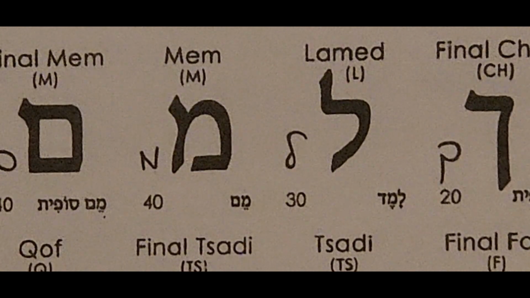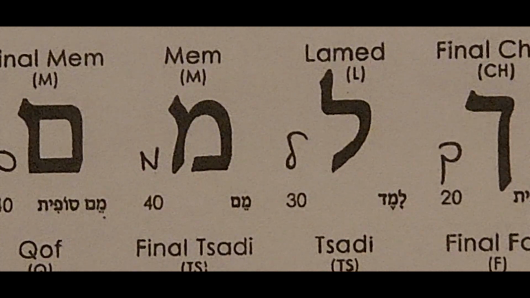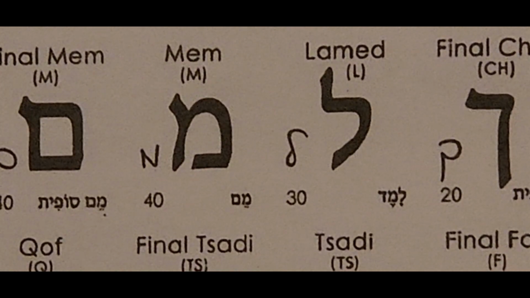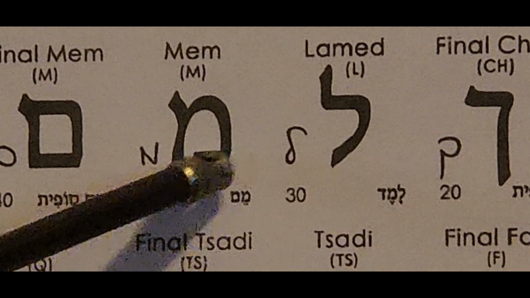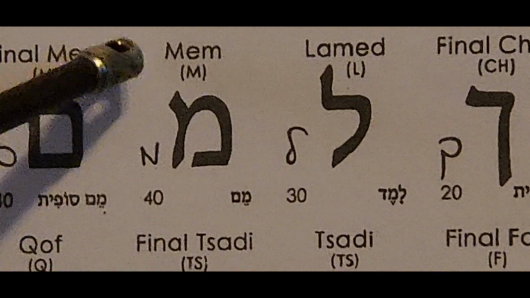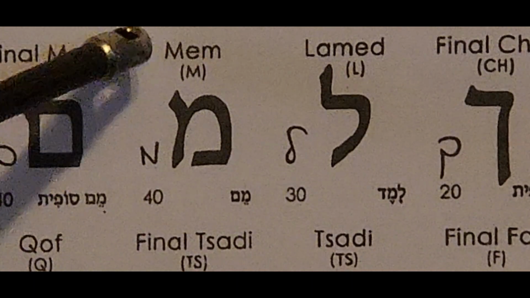Here is just a sample letter in the Hebrew alphabet. We find the letter Mem, and I want you to see that it is a square box character. It has the Hebrew name for the letter, Mem.